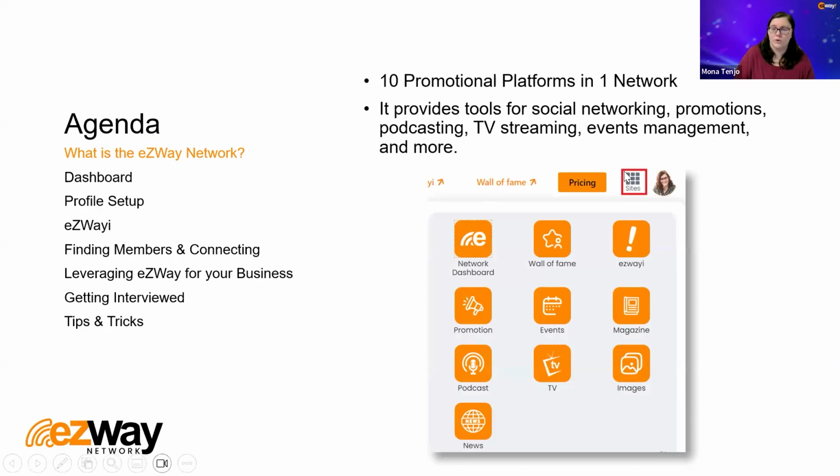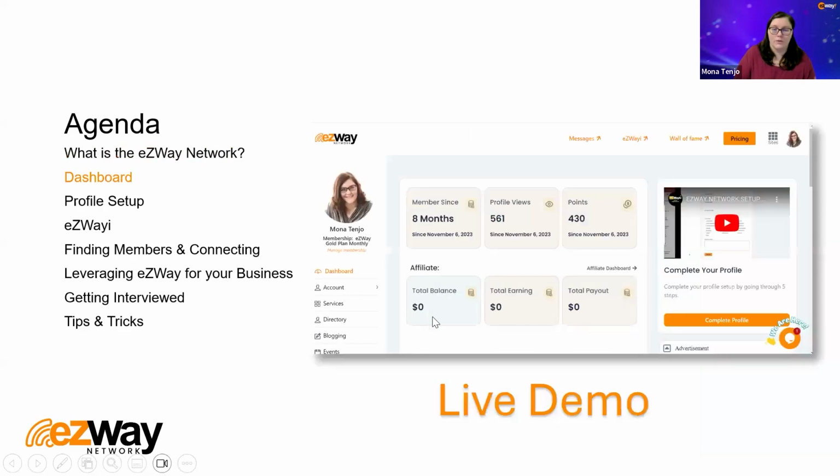You see this here: if you go to the top right of your profile, you see all the different platforms, and you can access them all from your profile. Obviously, it may change a little bit depending on your access level. But this is what you have in the eZWay Network. So that as a frame, now we start logging in.